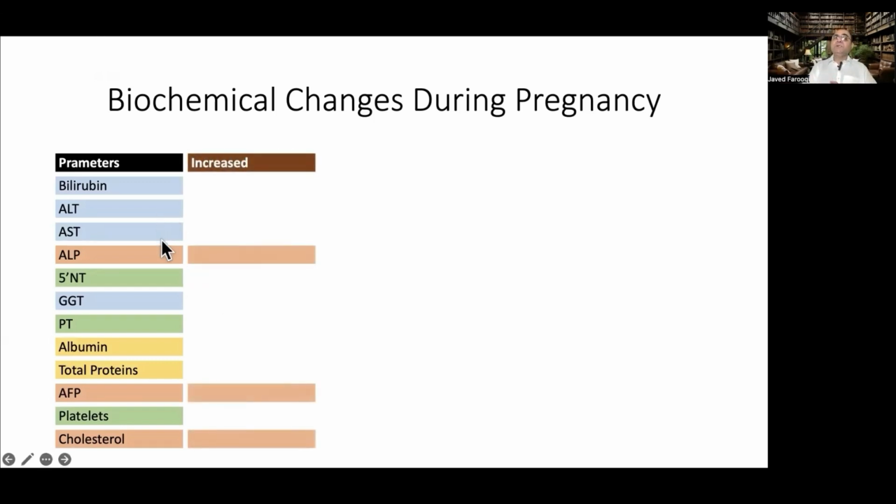Those parameters which physiologically are increased during pregnancy include alkaline phosphatase, alpha-fetoprotein, and cholesterol.